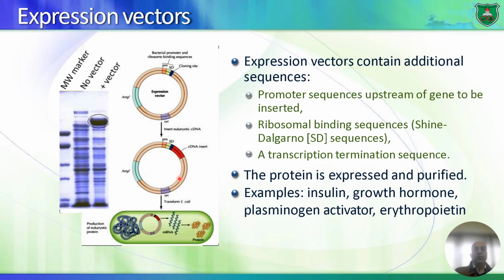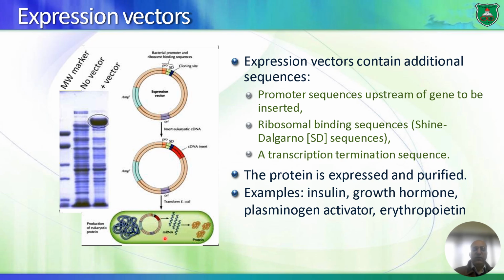That is, we insert the plasmid into bacterial cells, and bacterial cells are going to recognize the promoter region, and they're going to start transcription of the messenger RNA, and then they're going to translate the messenger RNA into a protein. So we're going to have the human protein expressed inside bacterial cells.